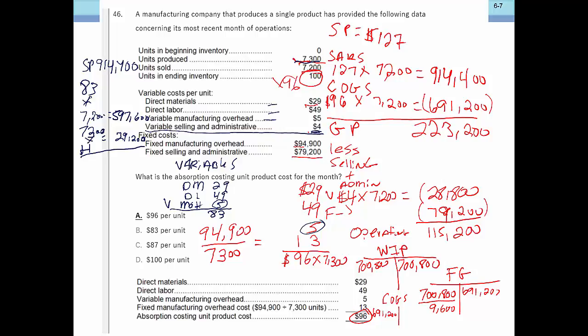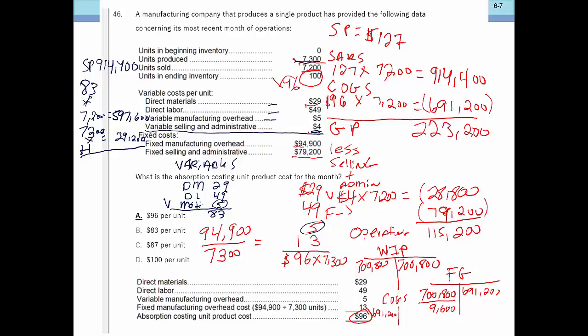Something's not right. $83 times the 72 units, 597,600, right? 597,600.